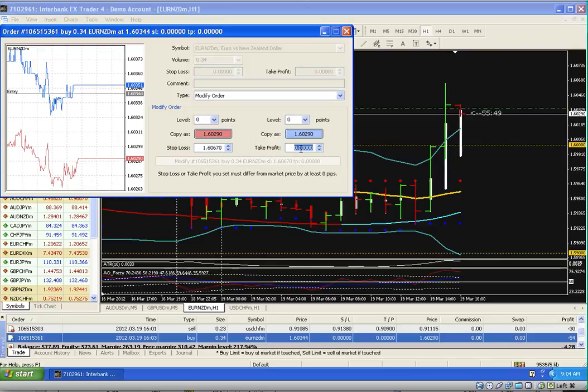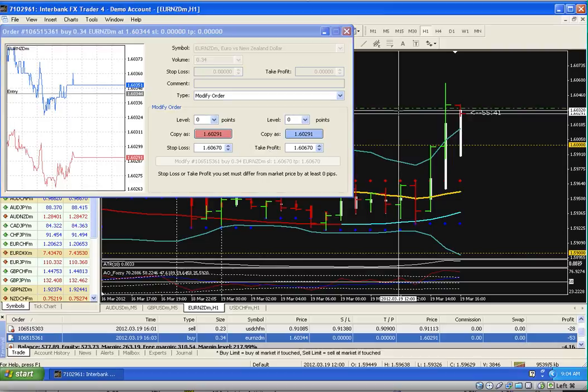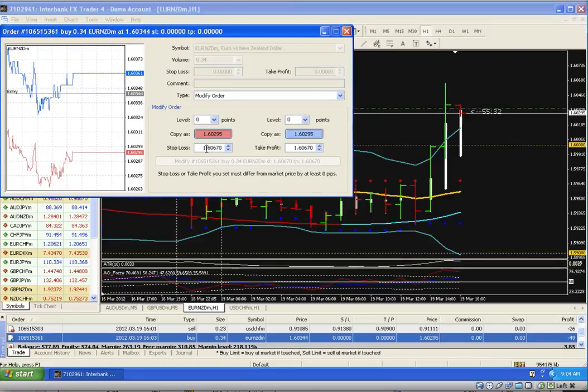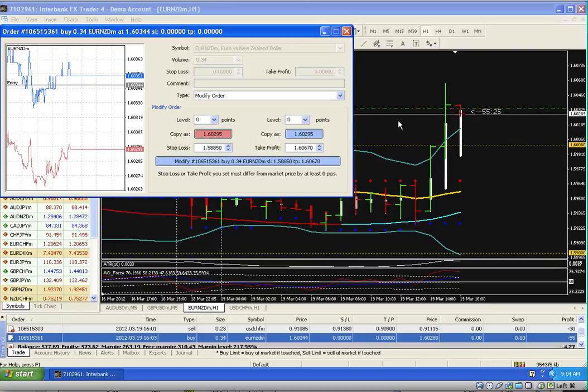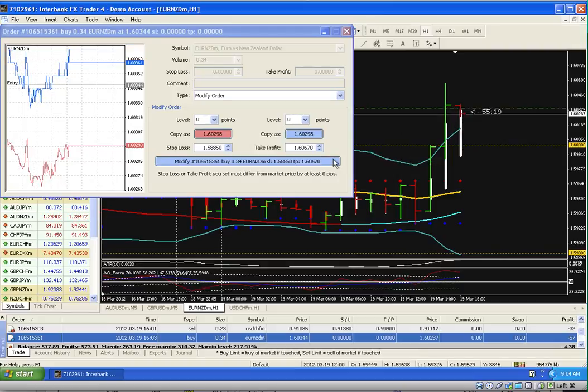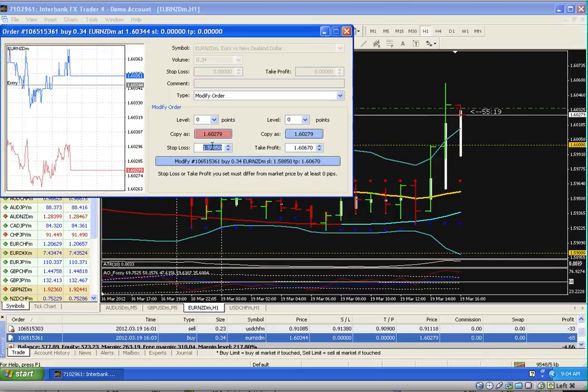The take profit is 160.67, and the stop was at 158.85. Let's just double check the math here before we go. 159.85. Oof, that would have been rough, huh?